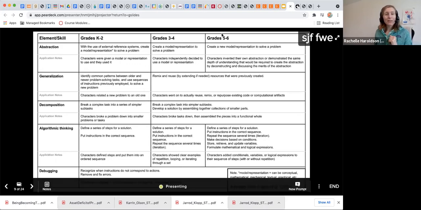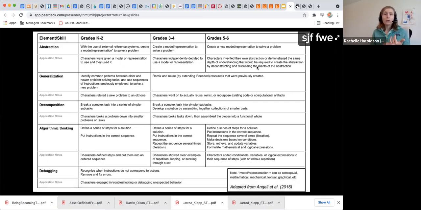Whereas at the grades 5 or 6 level, this is where we're asking students to create a new model or representation to solve a problem. So in our books, we were really looking for where the characters themselves were inventing an abstraction, or developing or enhancing an existing abstraction by deconstructing or discussing the merits of an existing abstraction.